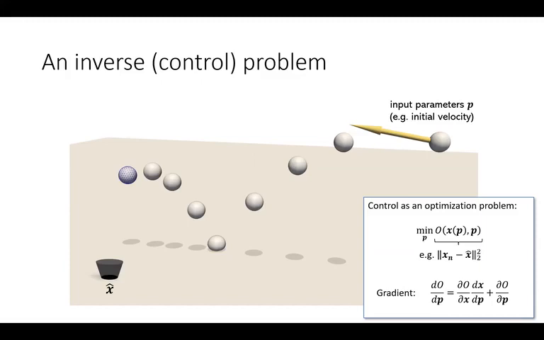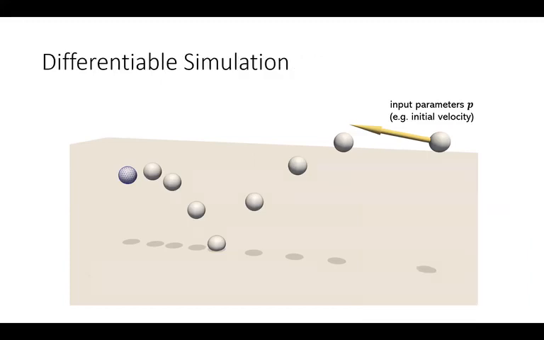Now, what we see here in the expression we have for the gradient of the objective is the Jacobian dx/dp. What dx/dp tells us is how the motion trajectory computed through simulation changes as we vary the input parameters. So there we have it.